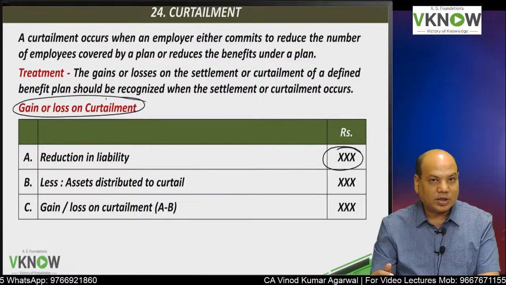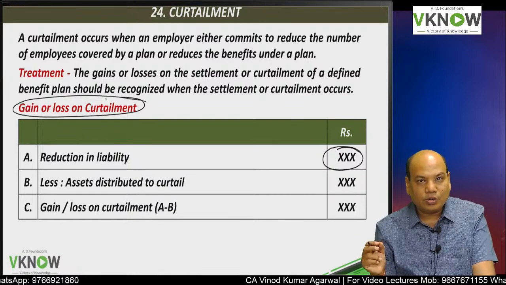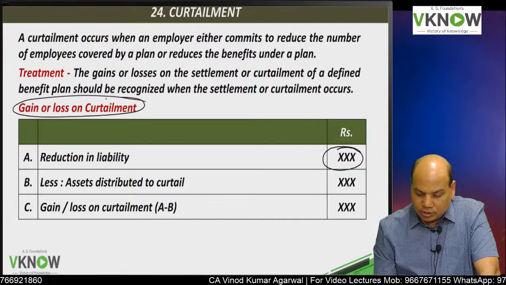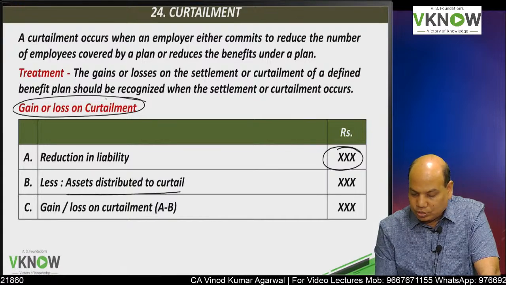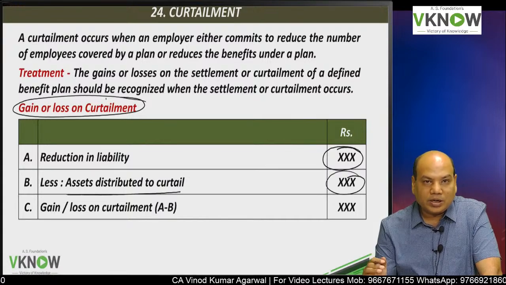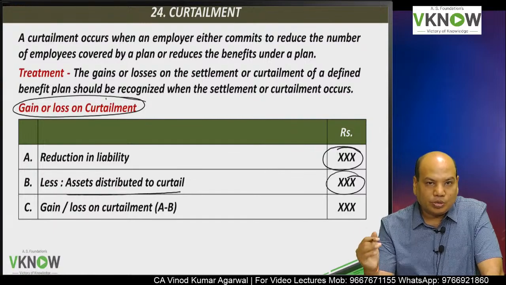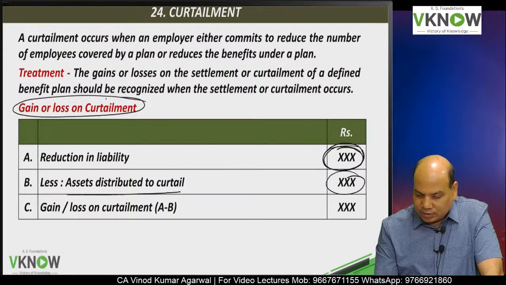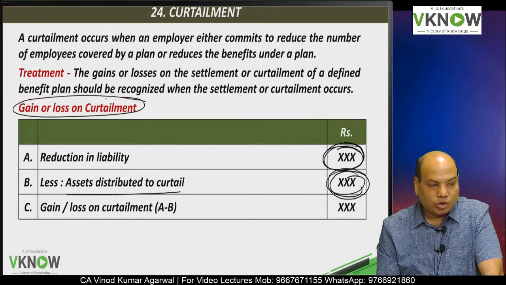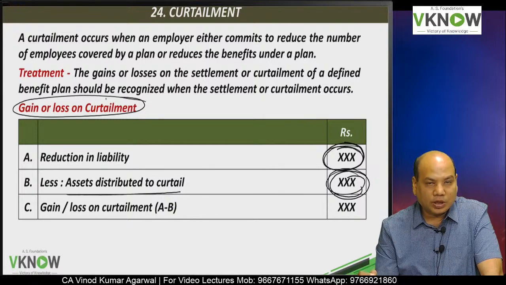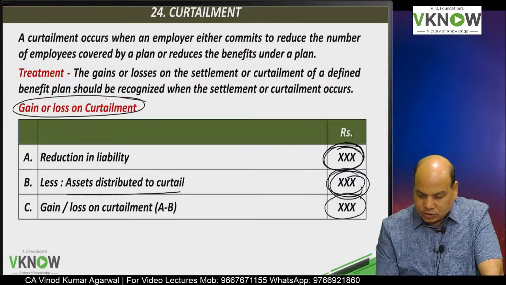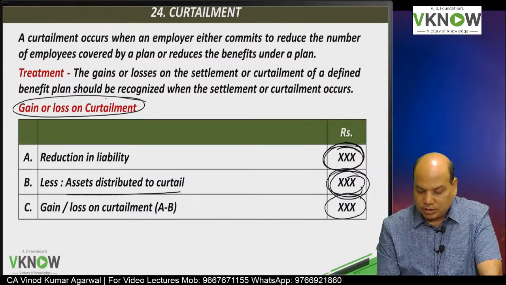Usually there will be a reduction in liability because some employees are not covered or covered with lower benefit. Less asset distributed to curtail, minus any asset or amount paid to curtail. So this is your reduction in liability. This is reduction in asset. You have to pay some amount, if any. Deduct that. The difference is gain or loss on curtailment.